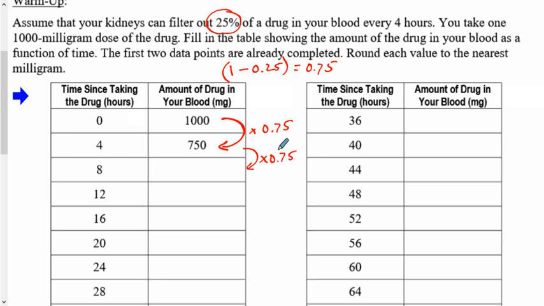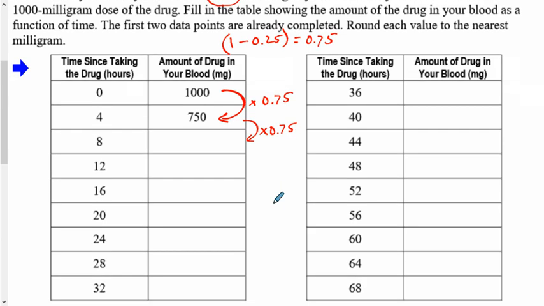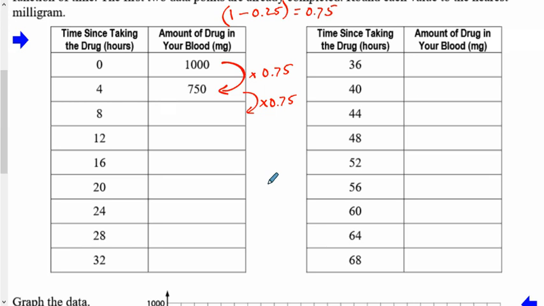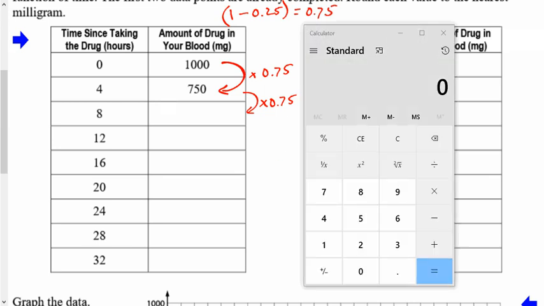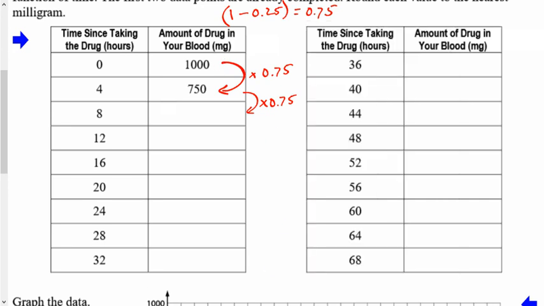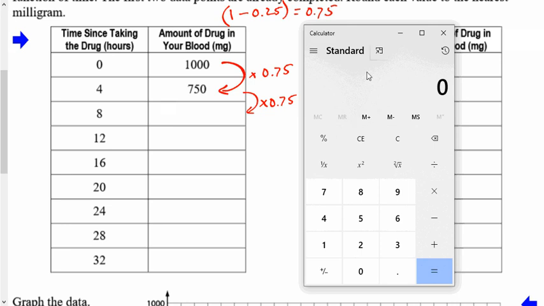I'm going to have you pause the video at this point and fill in all these values in your table. Now, this looks like it could take a long time, but it doesn't have to. Here's where your calculator can make life easy for you. On my calculator, I could enter the 1,000.